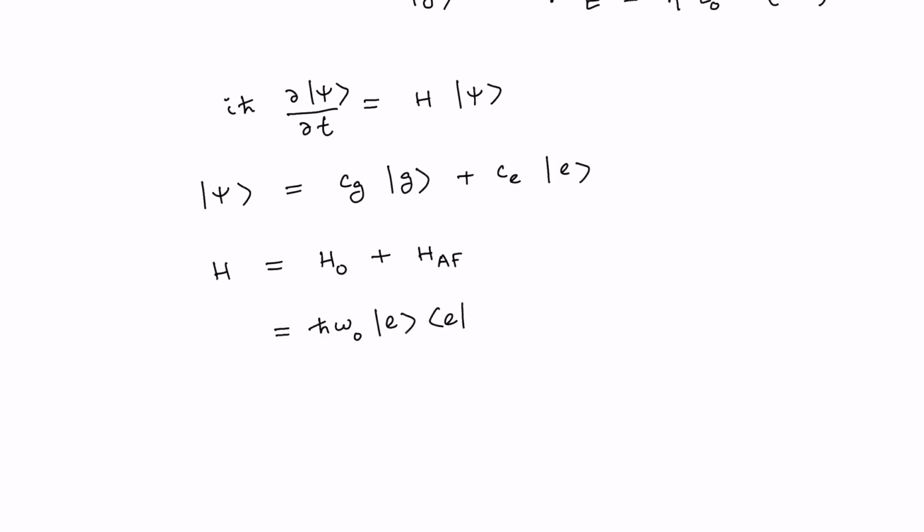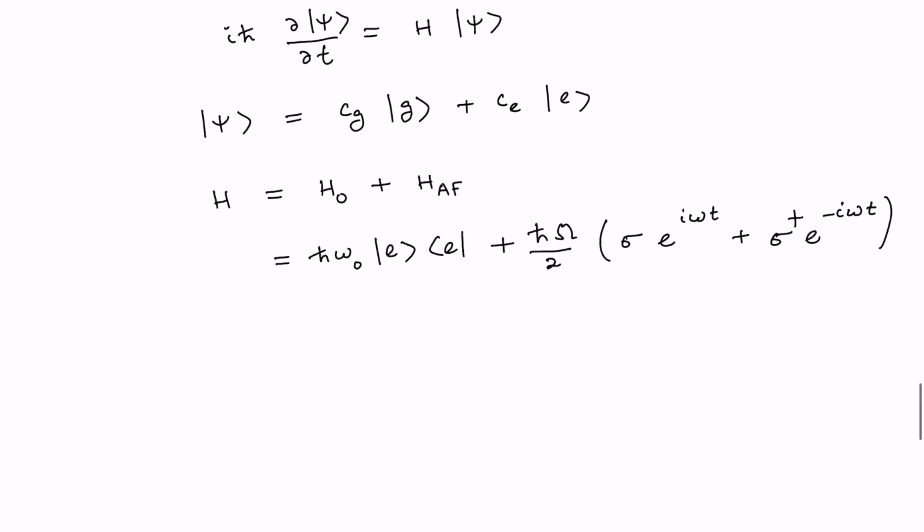Here we have taken the ground state energy to be 0, and under the rotating wave approximation we have written the atom-field interaction part as ħΩ/2 (σ e^{iωt} + σ† e^{-iωt}), where σ is the atomic lowering operator given as |g⟩⟨e|. And Ω is the so-called Rabi frequency. If you have forgotten, please refer to lecture number 4 once again.